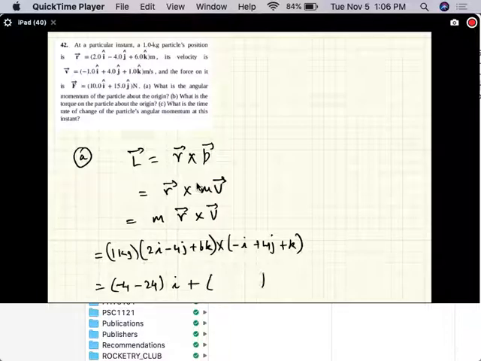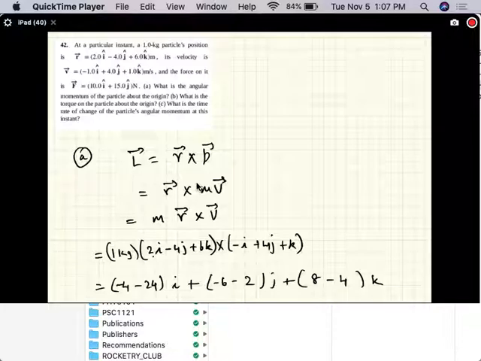Plus the y component, az bx, so that's minus 6, minus ax bz, minus 2. Plus the k component is ax by, 2 times 4, 8, minus ay bx. So that's what that works out to.